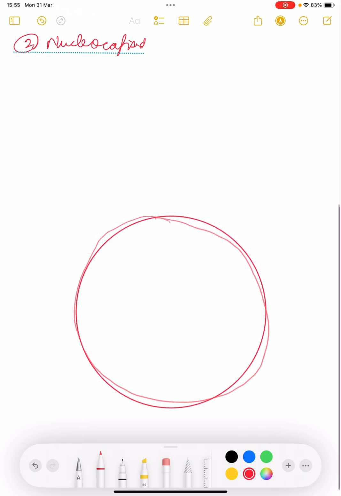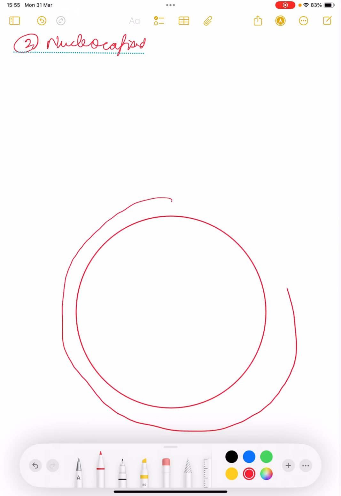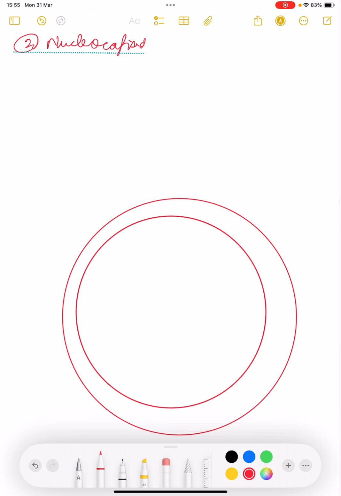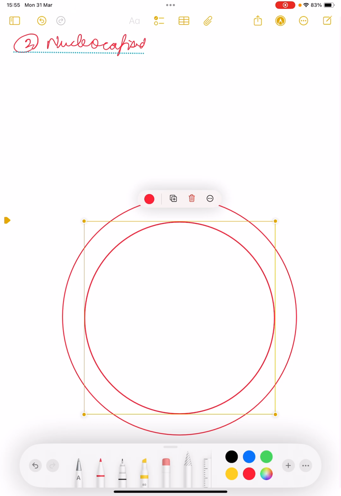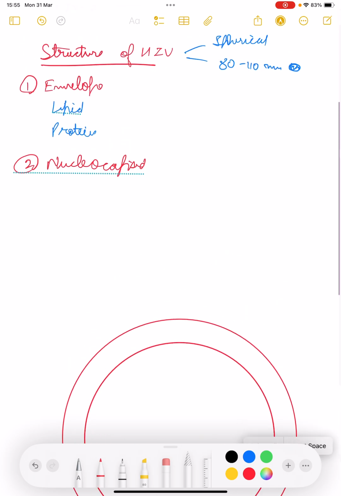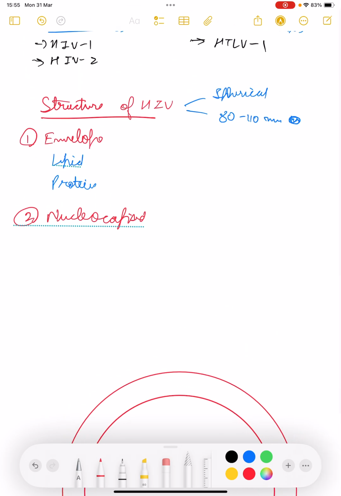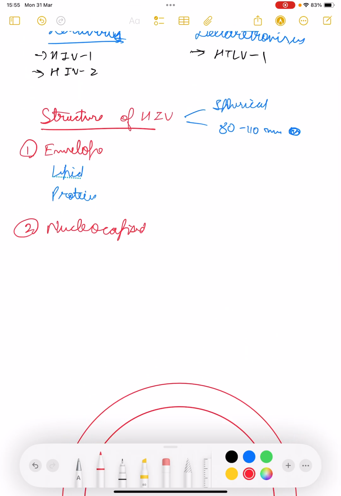So this is the lipid part of the cell membrane, and in the protein part we have two glycoproteins, glycoprotein 120 and glycoprotein 41.